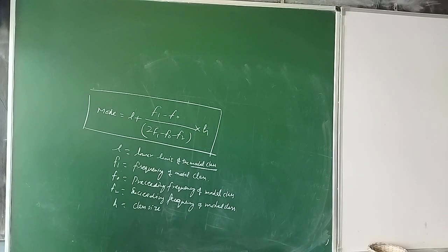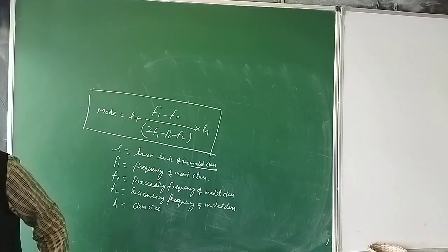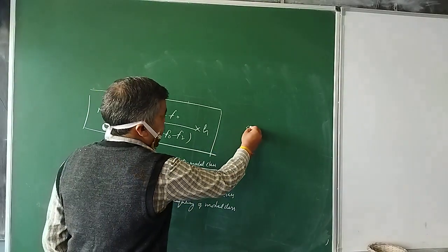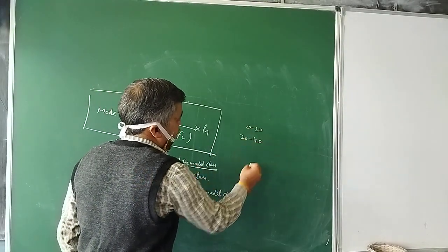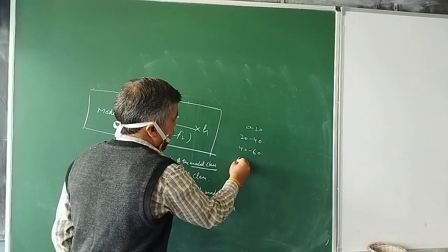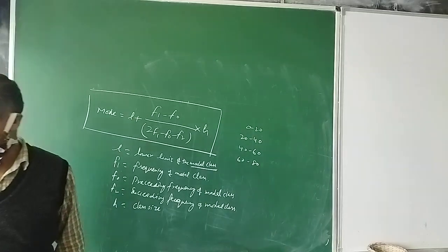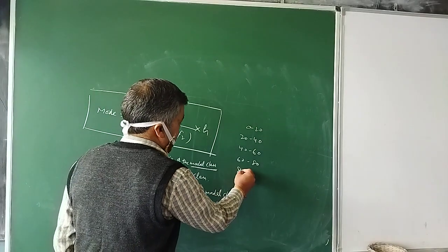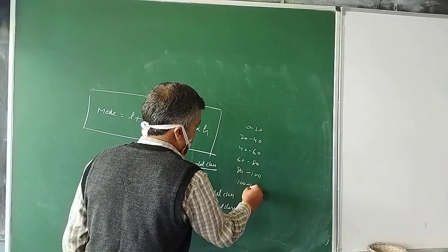From an exercise point of view, if I pick one of the questions, this is question number 2 in exercise 14.2. The class intervals are 0 to 20, 20 to 40, 40 to 60, 60 to 80, 80 to 100 and 100 to 120.